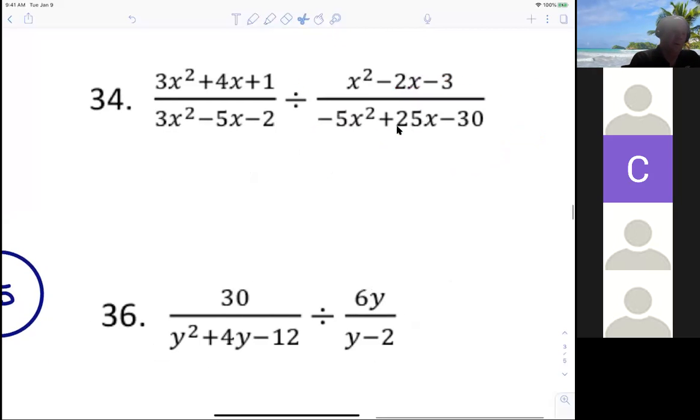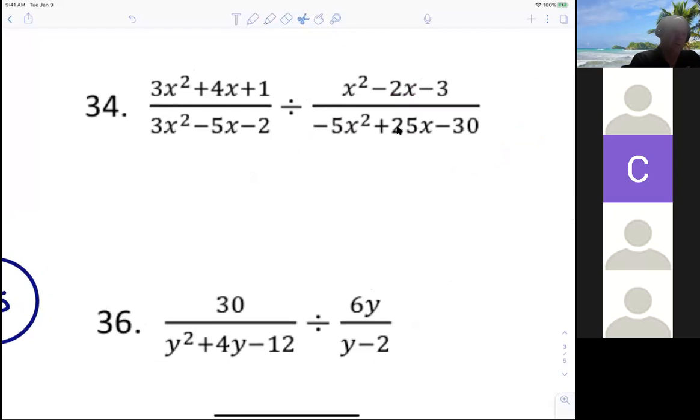Now, 34. All right. Here we go, guys. This right here, we're going to factor that first. So we're going to write 2 sets of parentheses, 3x and x. The only factors of 1 are 1 and 1. 1x and 3x makes that 4x if they're both positive. So anybody have any questions factoring?